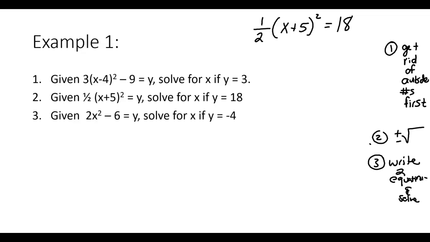So that's how I would recommend getting rid of that one: I'd multiply both sides by 2. Because when you do that, you have 2 over 2, which is just 1, and they cancel out. But technically what you said, Michelle, is true. You can divide, but most people would struggle to divide by a fraction, and second of all, it's more work. So it's just easier to multiply by the denominator.